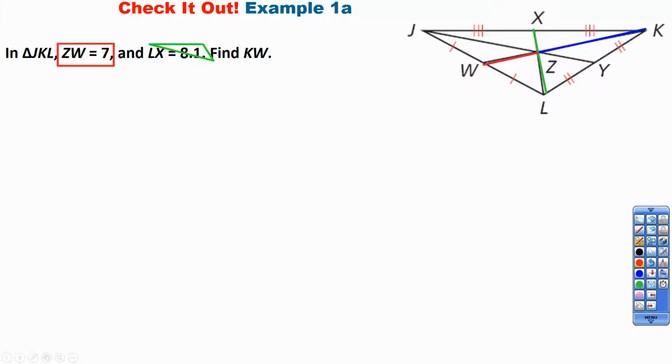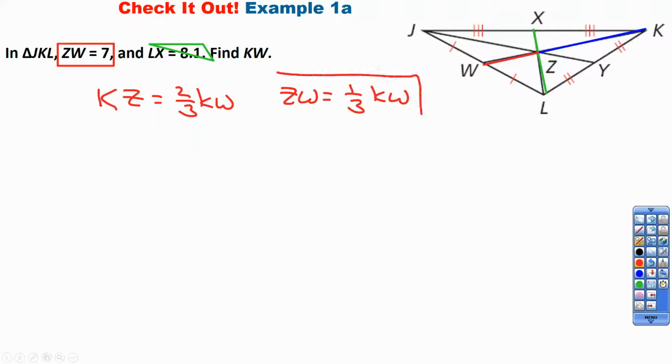So from our last time that we did this, from our theorem, we know that KZ is equal to 2/3 KW. But the last time we solved this, we also know that ZW is equal to 1/3 KW.